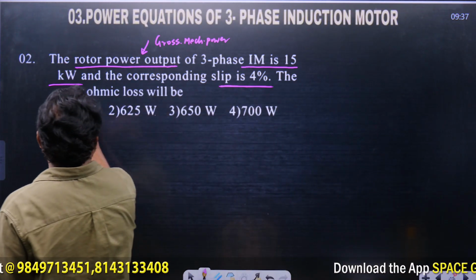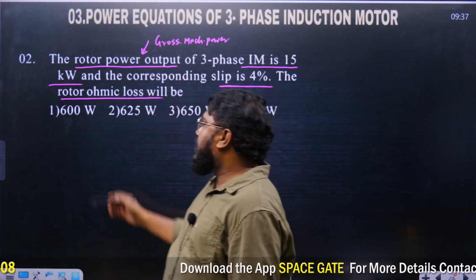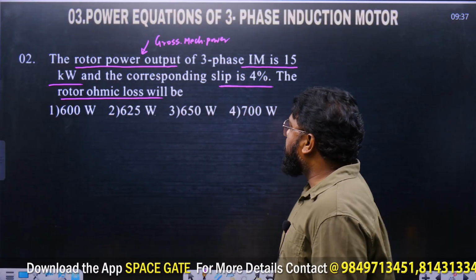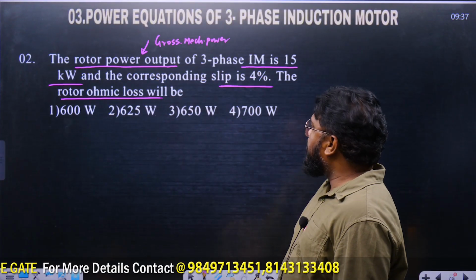What is required in this question? The rotor ohmic losses. Option 1 is 600 watts, option 2 625 watts, option 3 650 watts, and option 4 700 watts.